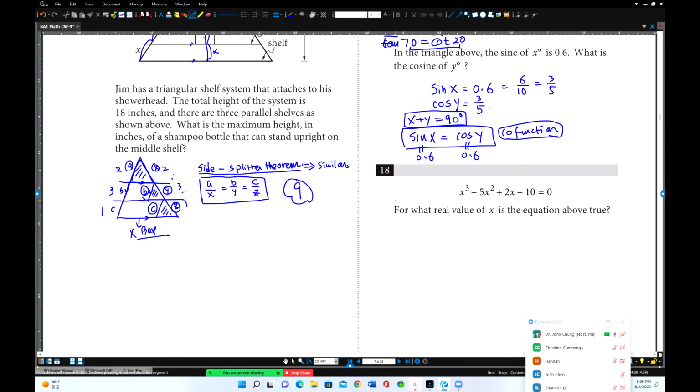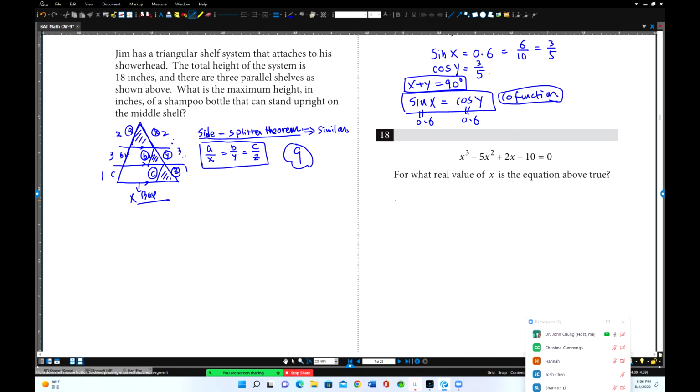Now move on to number 18. Real number x is the solution of the equation. Okay, we're going to find the real number x solutions. We have 4 terms there. When you have 4 terms, not a trinomial, you already need factoring by grouping.